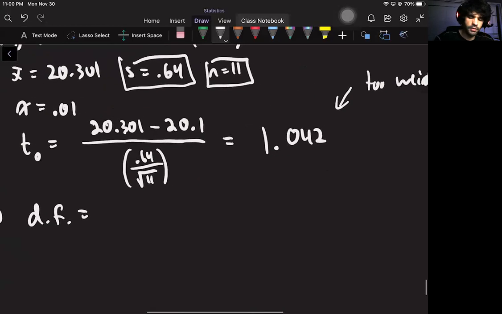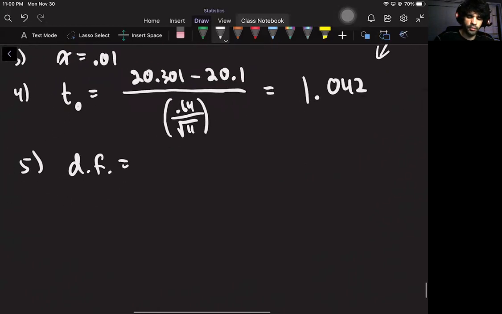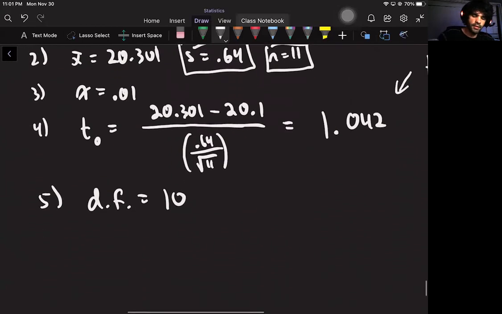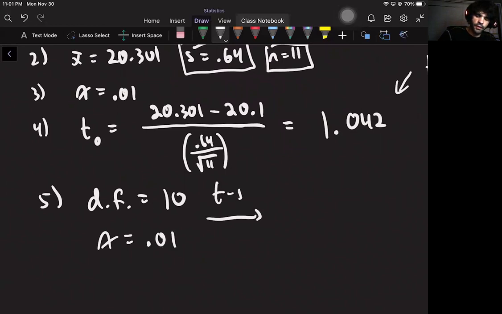Can't spell weird. That's close enough. I'm looking now for a threshold t-value, t-score, which tells me if this is too weird or not. So I use my degrees of freedom, which are 10, which is 10 because the sample size is 11. I put in my significance level, 0.01, into a t-score calculator.